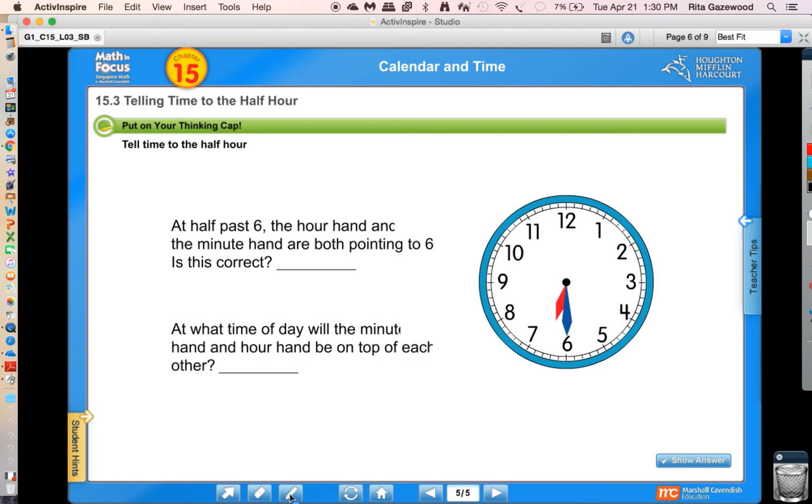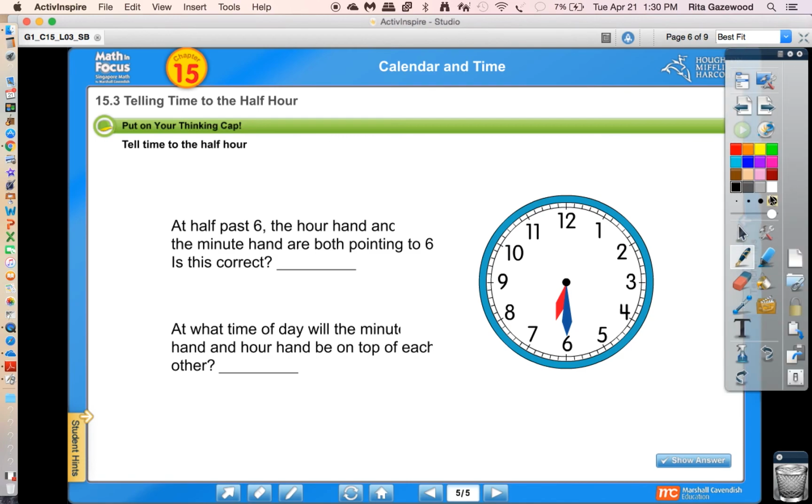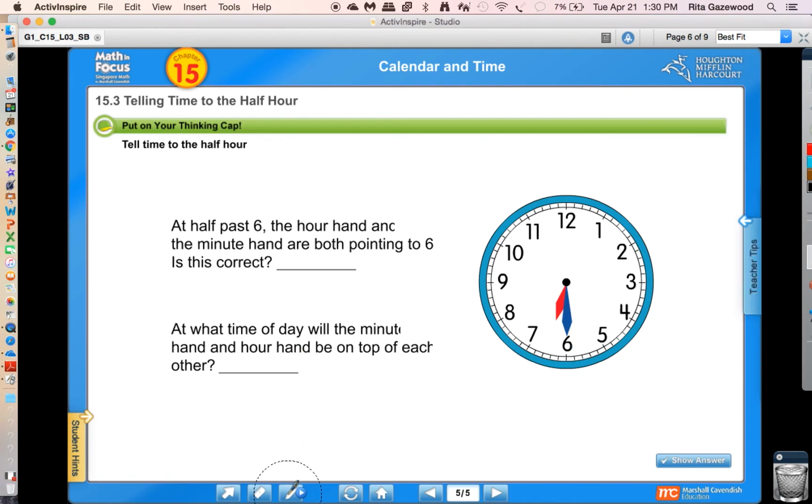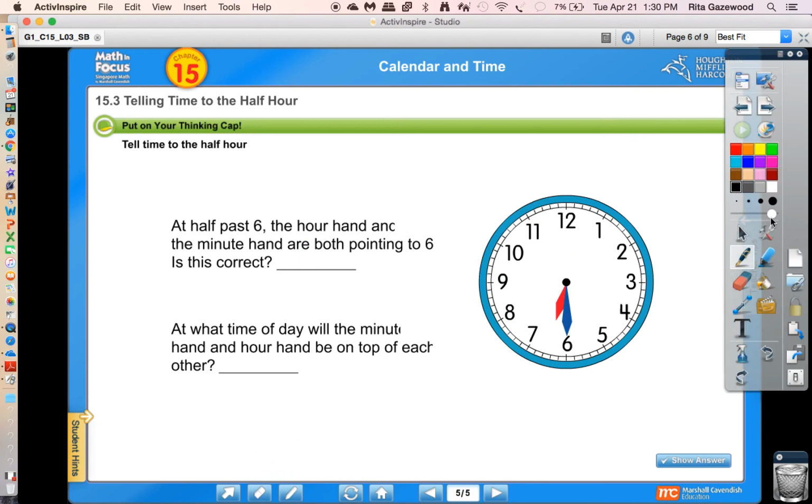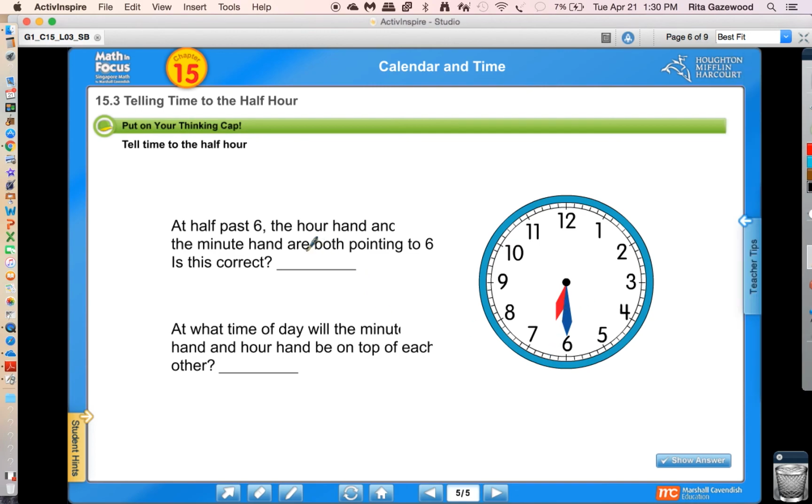No. The minute hand is pointing to the 6, but the hour hand is pointing halfway between the 6 and the 7. So no, they are not both pointing directly to the 6. Did you know that already? Good. Let's read the next problem.